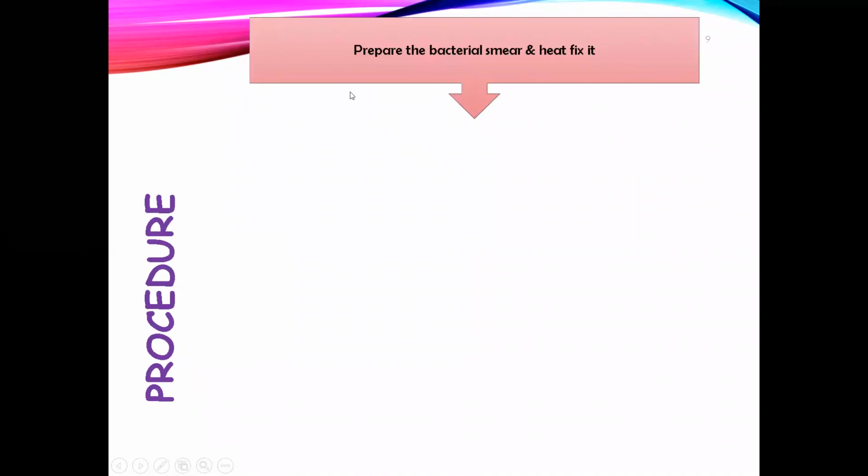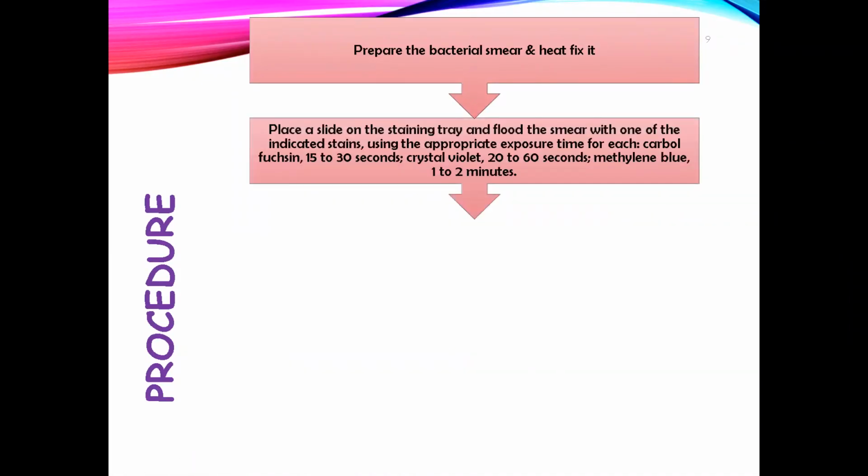Now we'll see the procedure which we have already discussed. That is, prepare the bacterial smear and heat fix it. Then place the slide on the staining tray and flood the smear with one of the indicated stains using the appropriate exposure time for each.